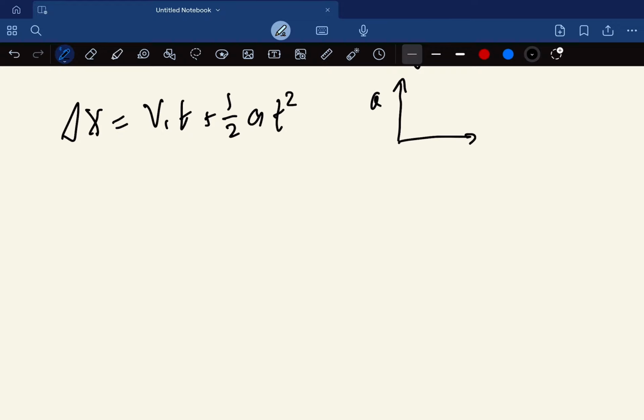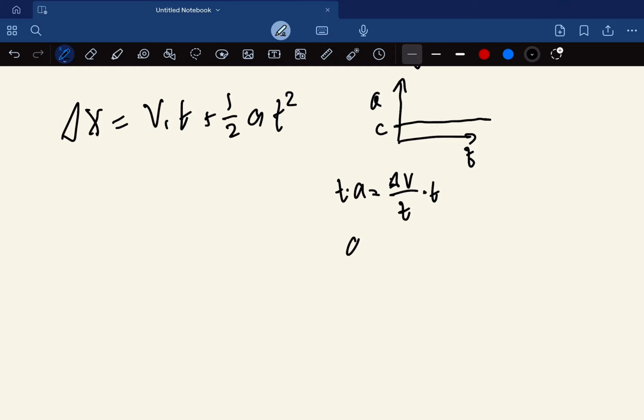A versus T. Assuming constant acceleration, let's say that the acceleration is a number c, we will have a straight line going through the graph at quantity c. Let's say at any given time we want to see what the velocity is. From our equation, A equals delta V over T, we can multiply both sides by T.